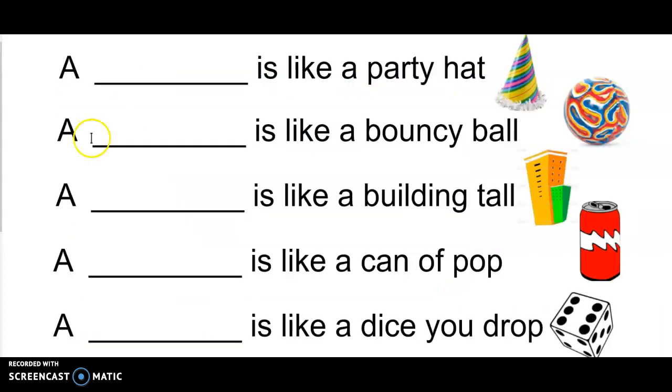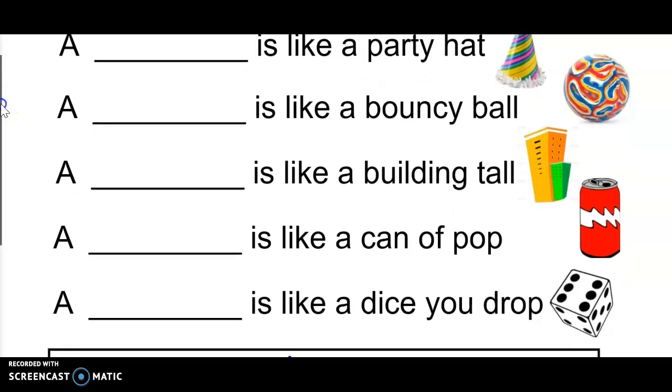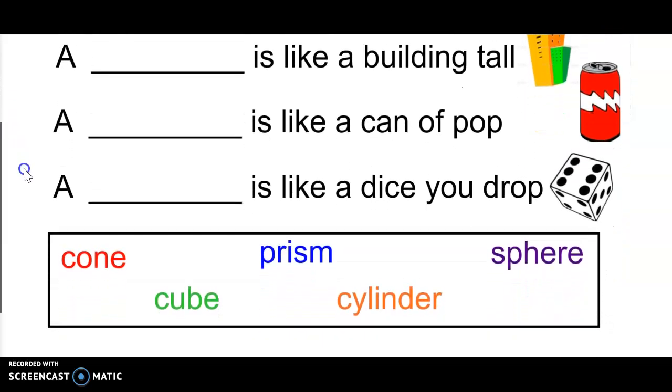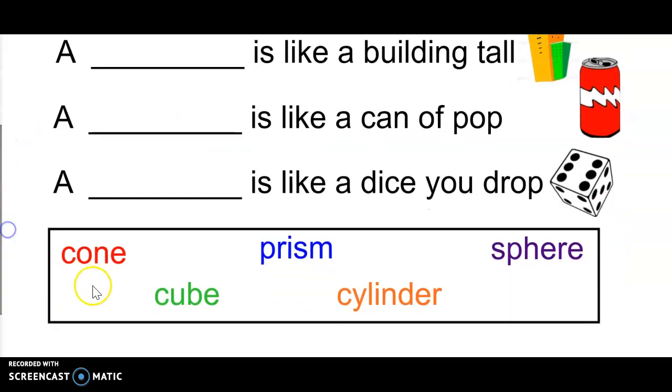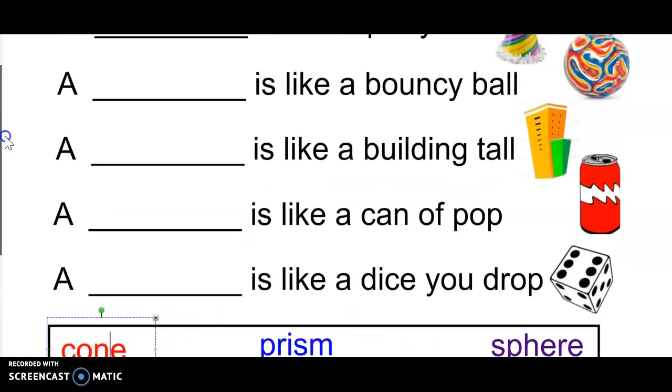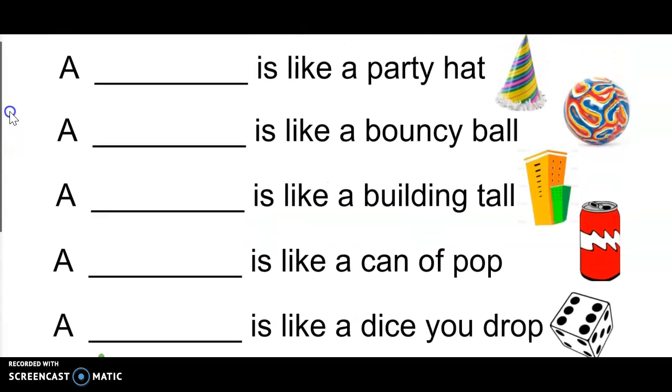So let's get started. So here are some fill in the blanks of some shapes that you would see in your everyday life. So a party hat is like a cone. Okay, so here's your choices, right? The friends at school will be filling these in. What do you think a bouncy ball is like?